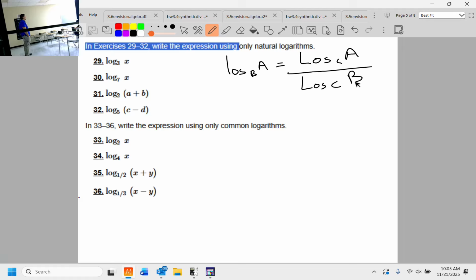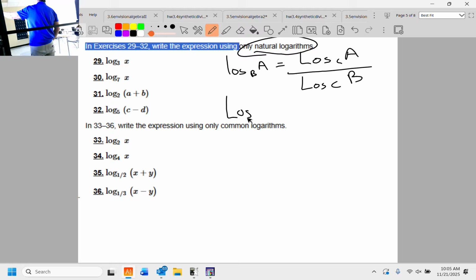You don't have to say. But you get to pick whatever base you want. Now, what they want this to do is just become a natural logarithm. So log base b of a is simply the natural log of a over the natural log of the base.